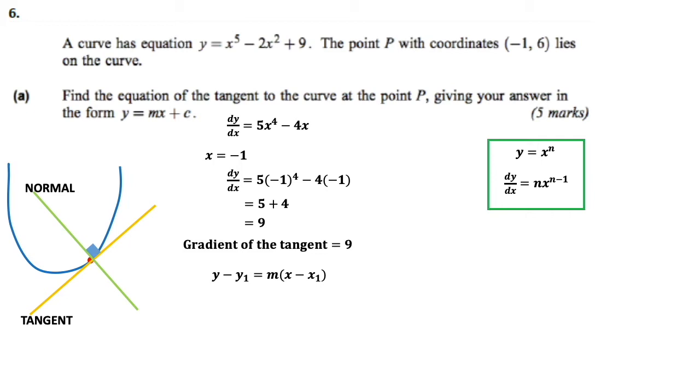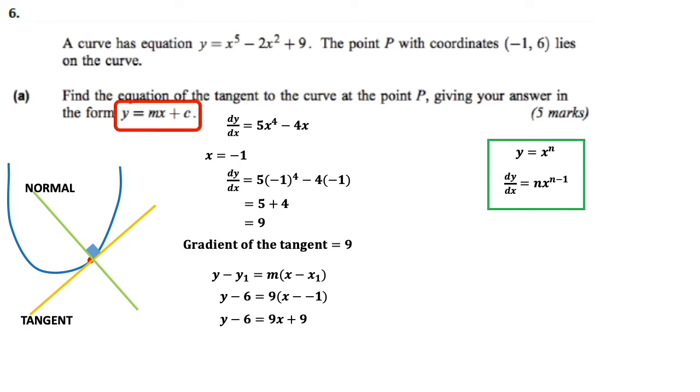If we substitute those values, our coordinates (-1, 6) and the gradient of the tangent 9, into the general format for a straight line equation, we would get y minus 6 equals 9, and then open the brackets, x minus the x value, which is minus 1, and close the brackets. If I multiply out the brackets, we would get y minus 6 equals 9x plus 9. So that's the equation of the tangent.